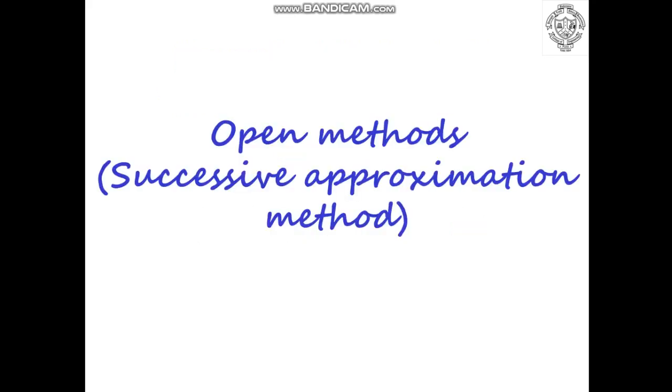In this session, we are going to study the second open method for finding the root of an equation, which is the successive approximation method. This method is also known as the fixed point iteration method or one point iteration method.